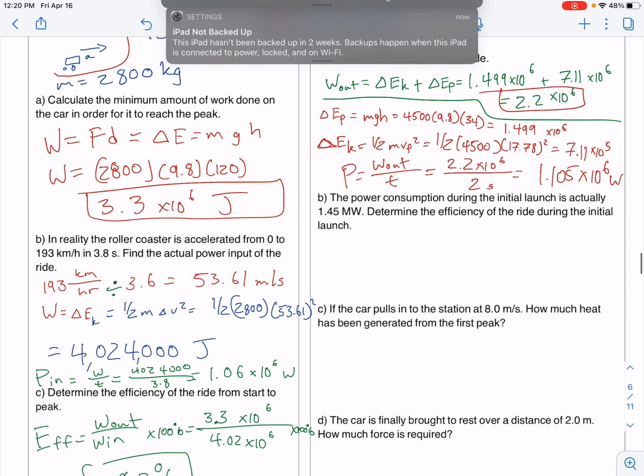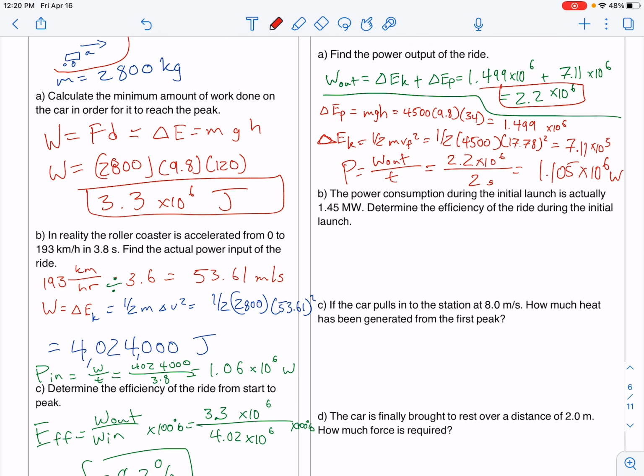Okay, now I find the efficiency. What's my power output divided by my power input? Power output is 1.105 times 10 to the 6.